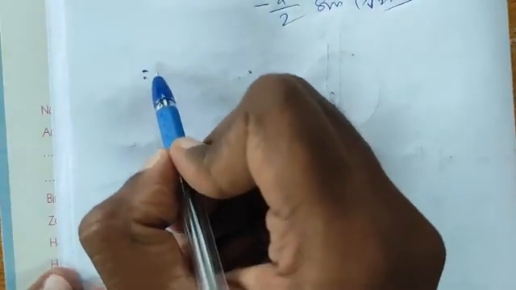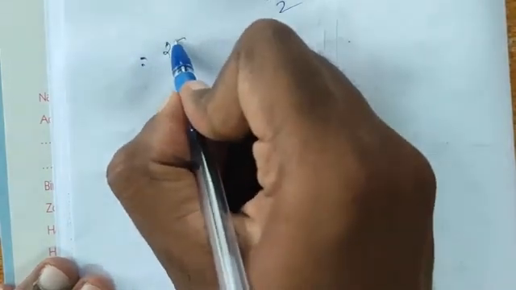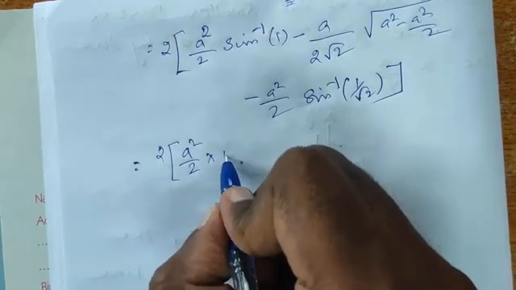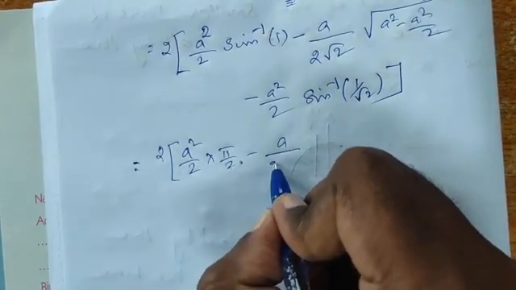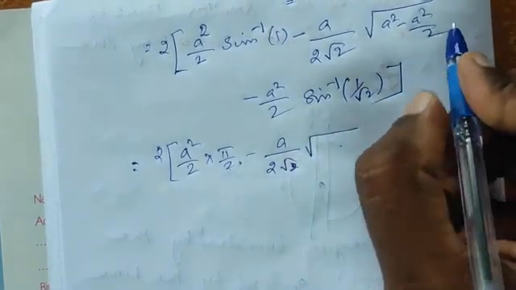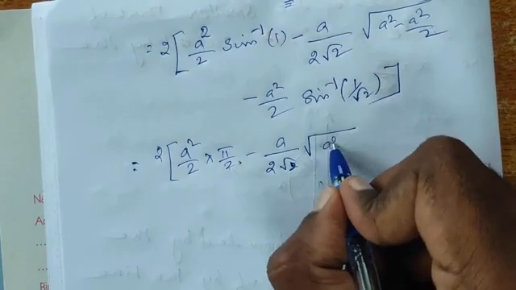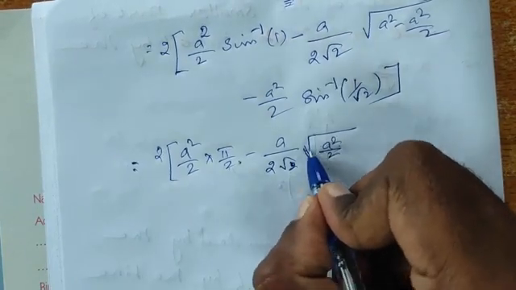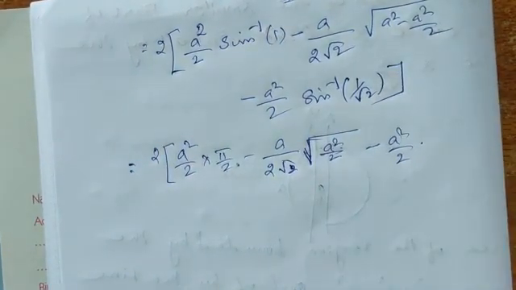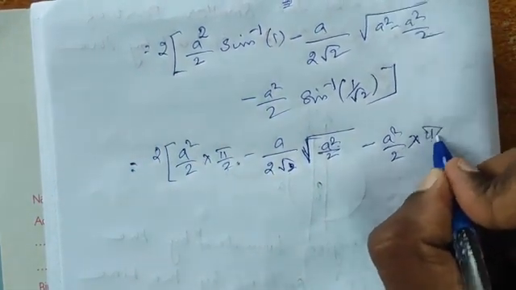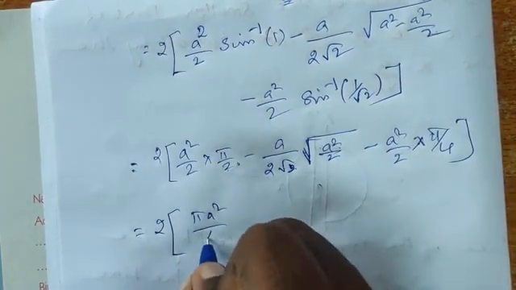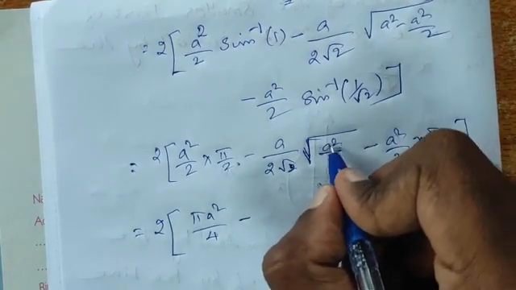So this is equal to 2 into a square by 2 into sine inverse of 1, which is pi by 2, minus a by 2 root 2 into root of 2a square minus a square, so a square by 2, root of a square by 2, minus a square by 2 into sine inverse of 1 by root 2, which is pi by 4.